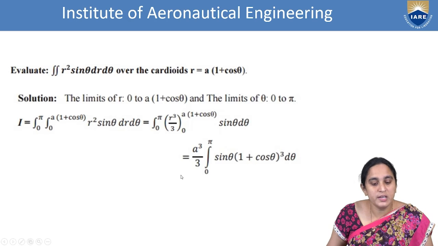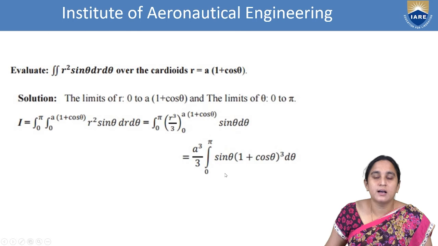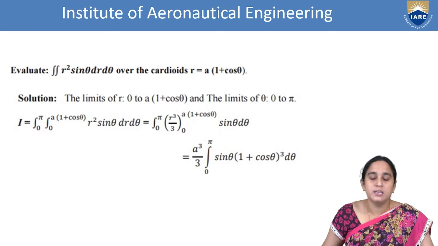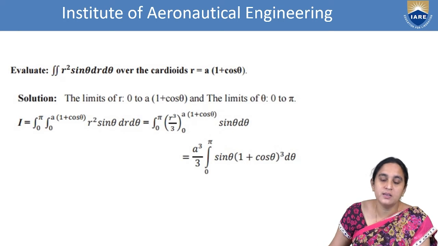Evaluate the double integral of r square sine theta dr d theta over the cardioid r is equal to a into 1 plus cos theta. Here, the question is directly given in polar form, so we integrate with respect to r and theta, but one condition is there: the cardioid r is equal to a into 1 plus cos theta. What is the difference from the previous question?